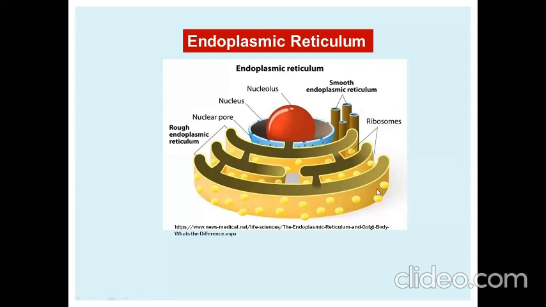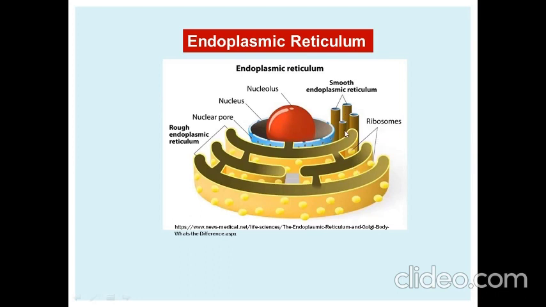You can see these are the rough endoplasmic reticulum, which is studded with ribosomes, small granules. Another type of endoplasmic reticulum is the smooth endoplasmic reticulum, which doesn't carry any ribosomes.